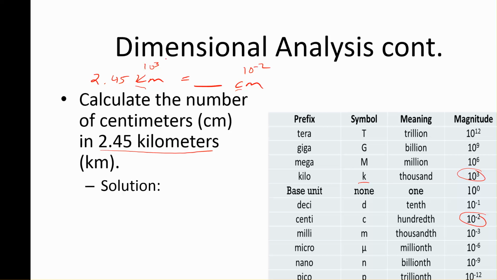This is what I'm talking about. What's the difference between 10 to the third and 10 to the negative 2, right? So essentially, if I had a number or a decimal line or whatever, how many spaces would I have to go from 10 to the third to 10 to the negative 2? It's pretty simple. Difference between 3 and a negative 2 is 5, right? So my difference in magnitude is 1 times 10 to the 5th.